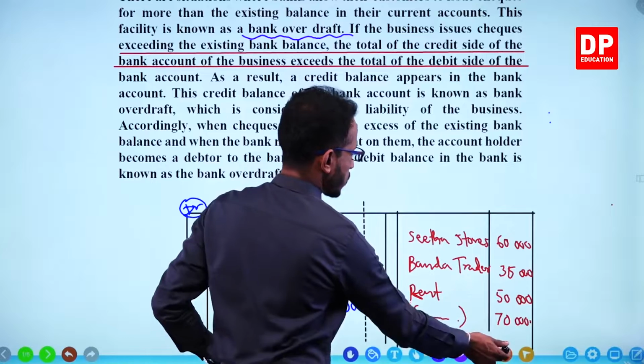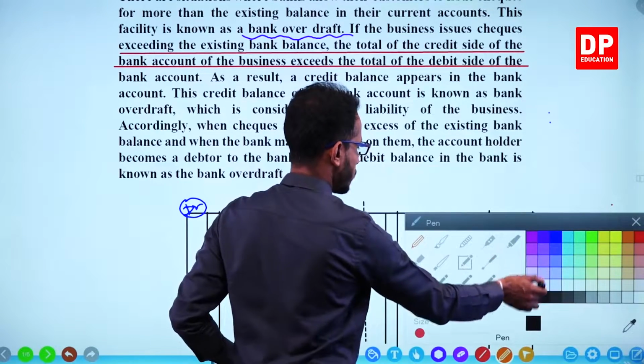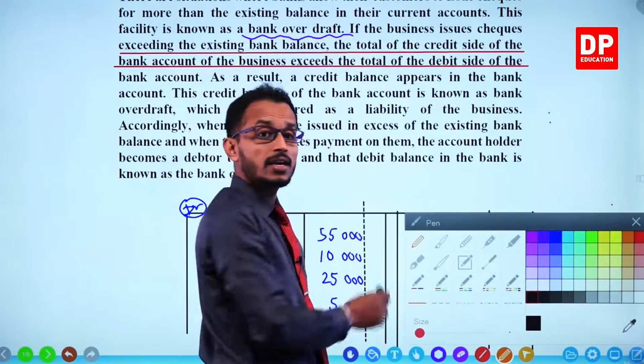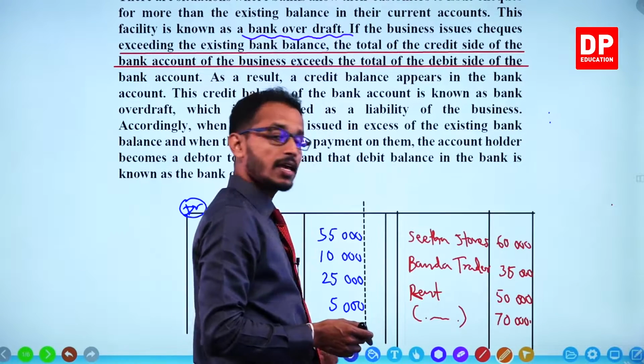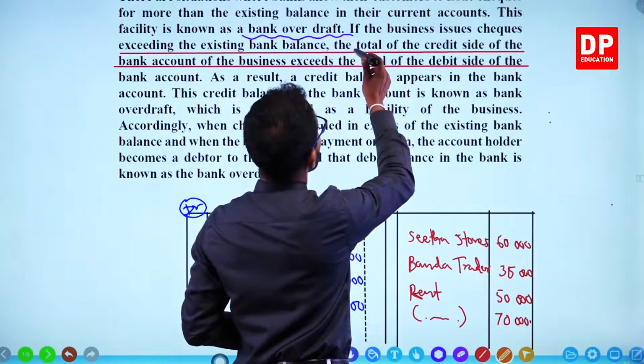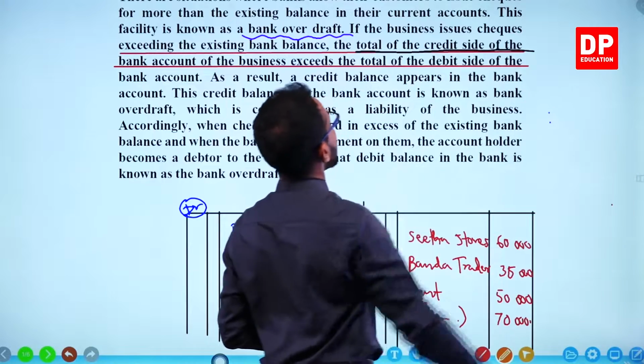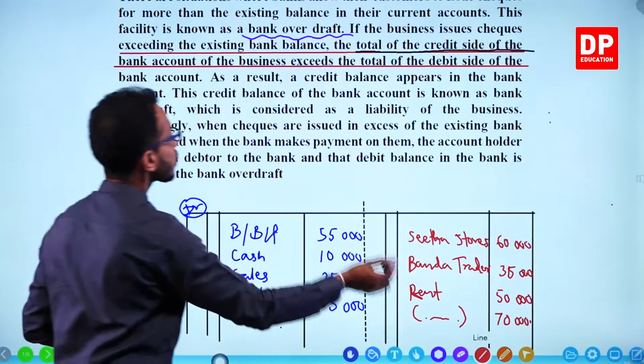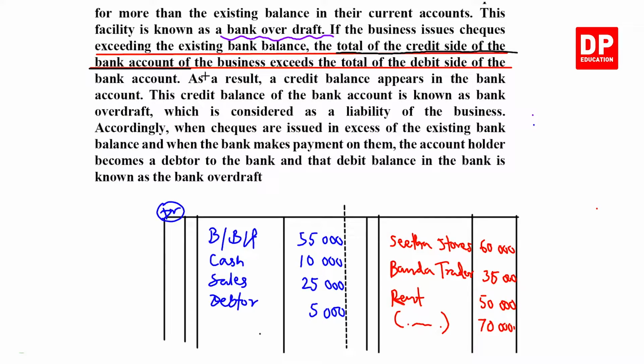This is what you should take into your heads. Total of the credit side will exceed the total of the debit side. Total of the credit side will be higher than the total of the debit side.